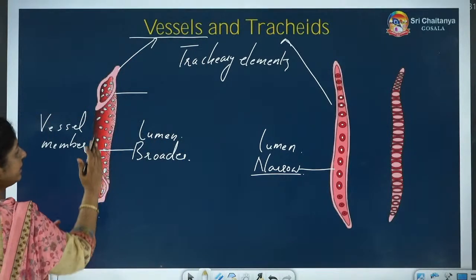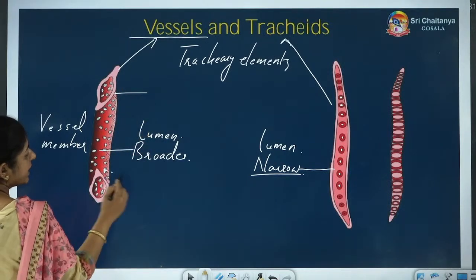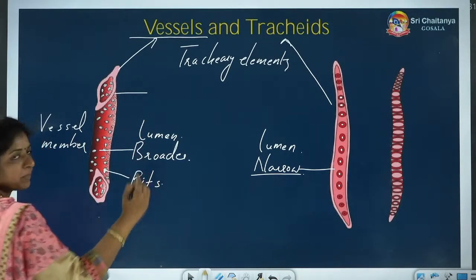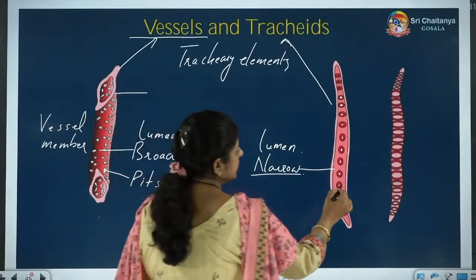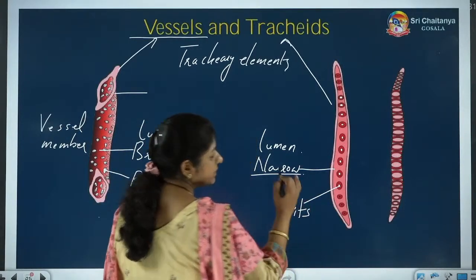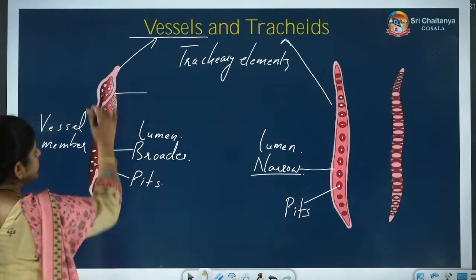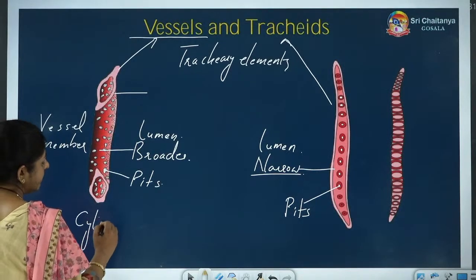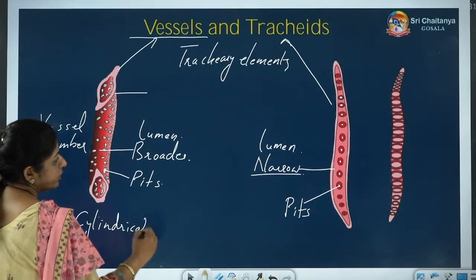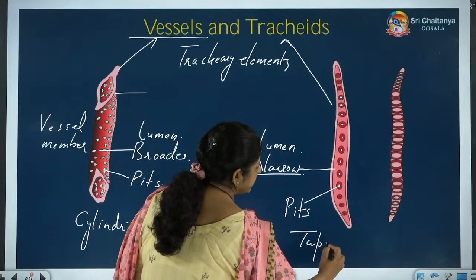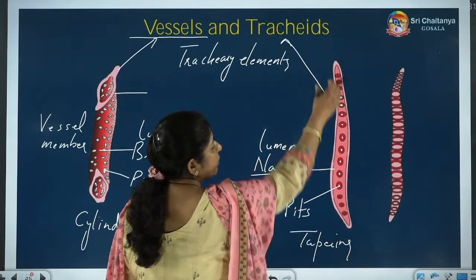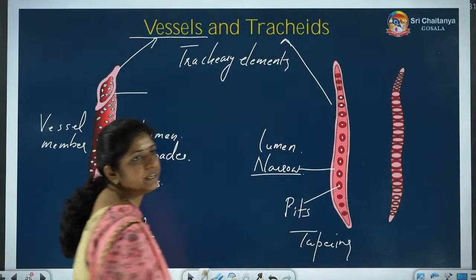And they are linked to the next adjoining pipe with the help of pits. Even tracheids are linked by what? Pits. But can you see the difference? The vessel is cylindrical in shape and the tracheid is tapering in shape. Tapering means becoming narrow at the tips, broader at the center.